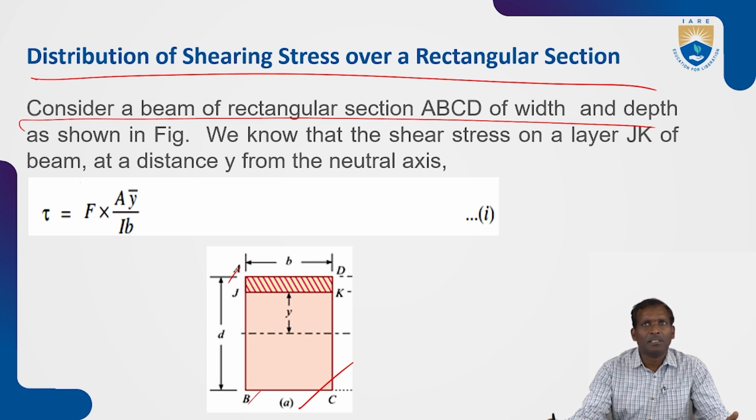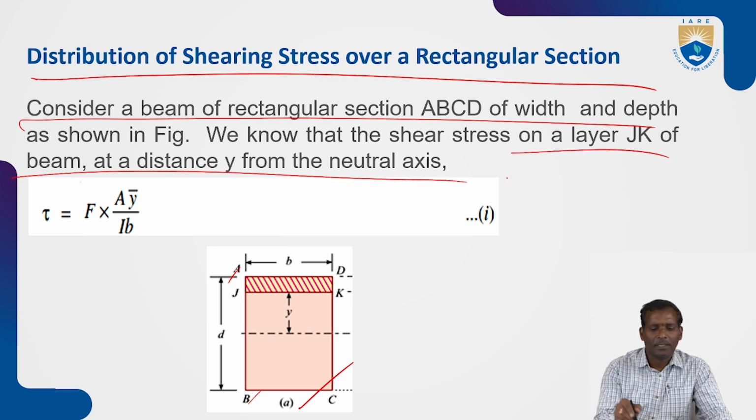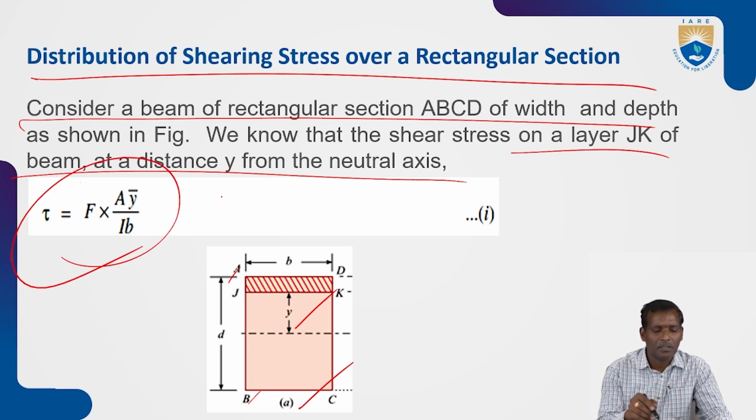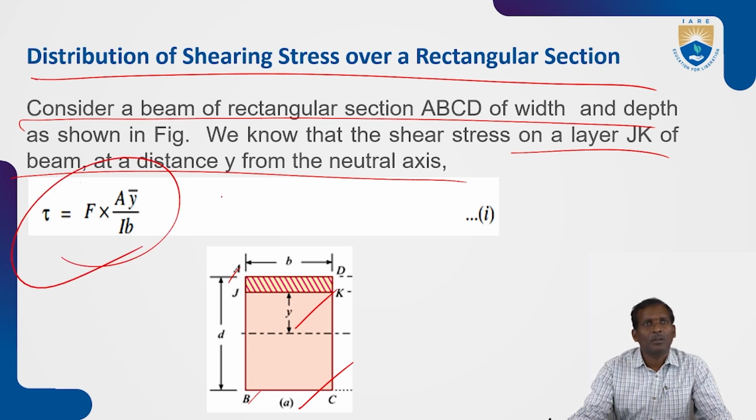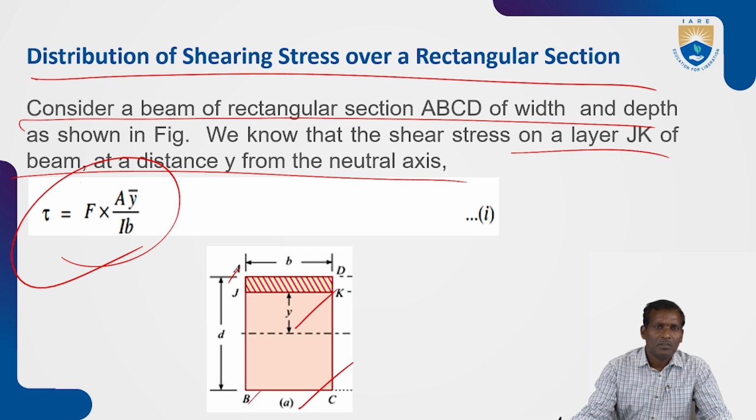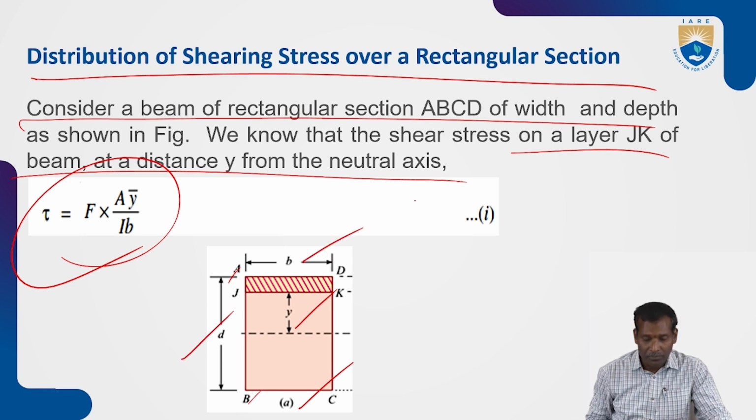We know the shear stress on a layer JK of the beam at a distance y from its neutral axis, which we already derived in a previous session: tau equals F times A y bar divided by I b. Here D is the depth of the section and B is the width.